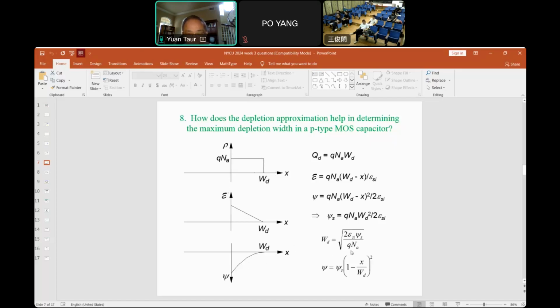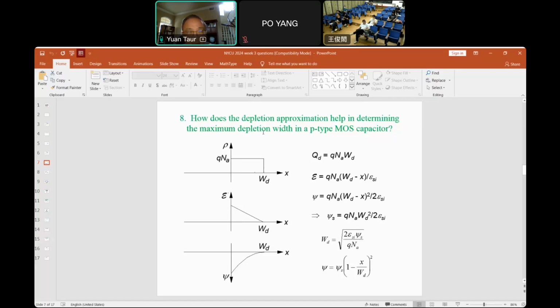So we solved it just like a PN junction, depletion width given by the square root of this ratio. In PN junction, the psi S is psi bi plus the reverse bias voltage. In MOS, it's just the surface potential.